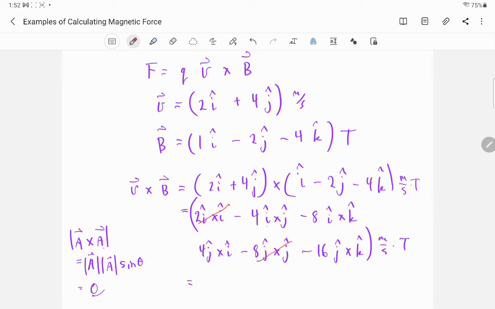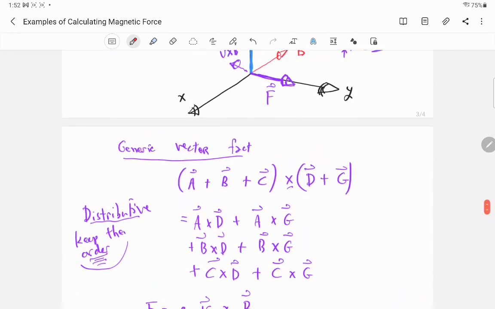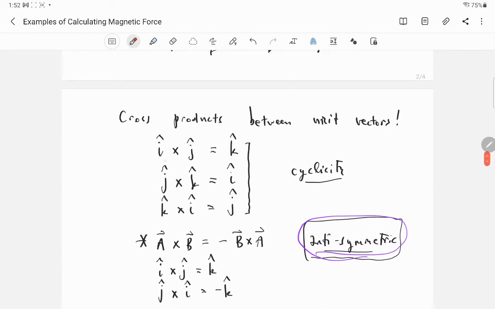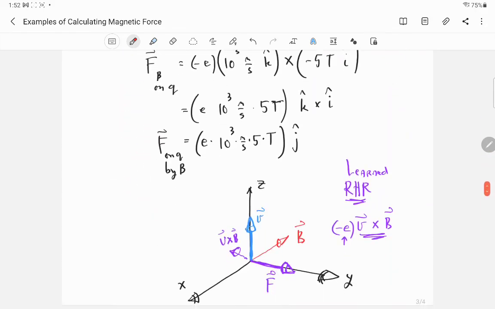But when the two vectors are not the same, that is, there is an angle between them, then you're going to have answers, non-zero values. So i cross j, if you go and you look up here, i cross j is k with a plus sign.